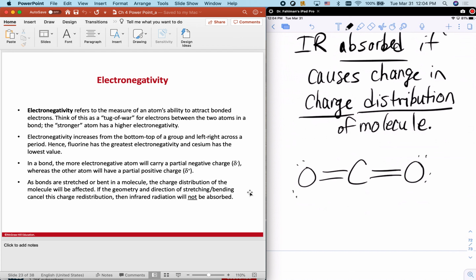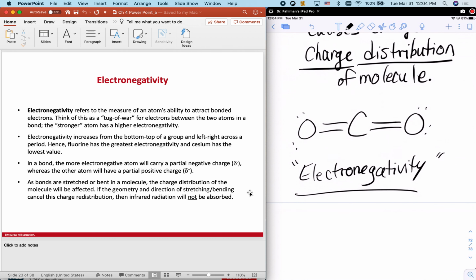remember that we talked about electronegativity? That means how easily an atom pulls electrons toward itself.